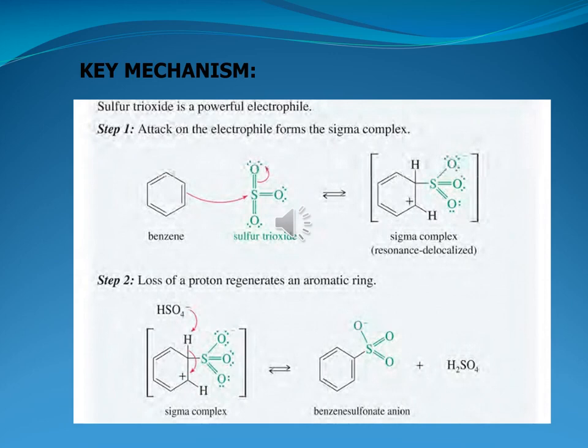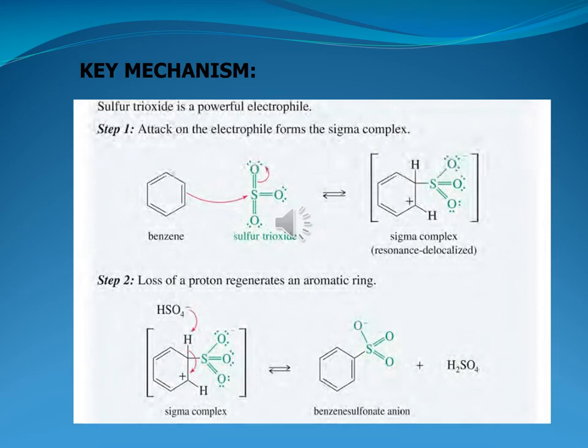In this way, sulfur trioxide becomes a powerful electrophile which can be introduced to the benzene molecule by replacement of a proton of this ring. So we obtain a sigma complex that can stabilize itself by resonance.